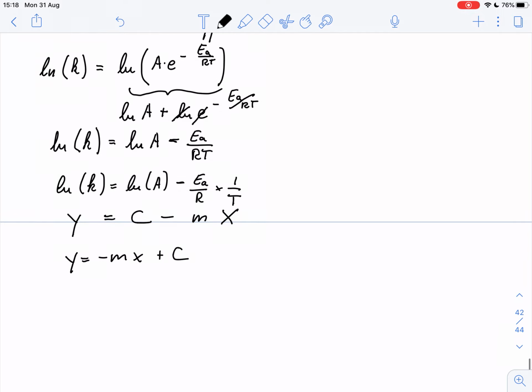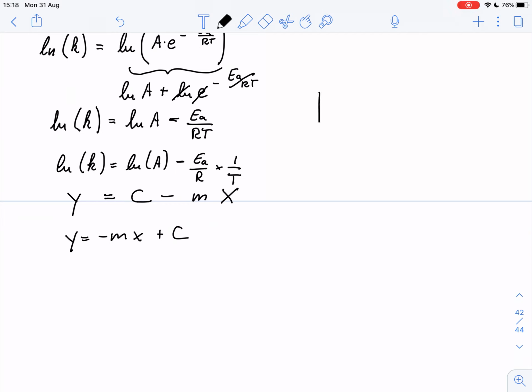So how would this then look? Well, let's draw a coordinate system. So what do we plot on the y-axis? On the y-axis, we plot ln k.